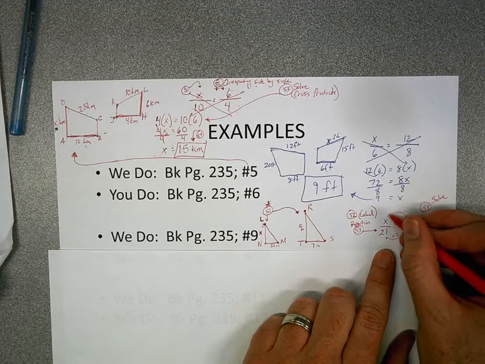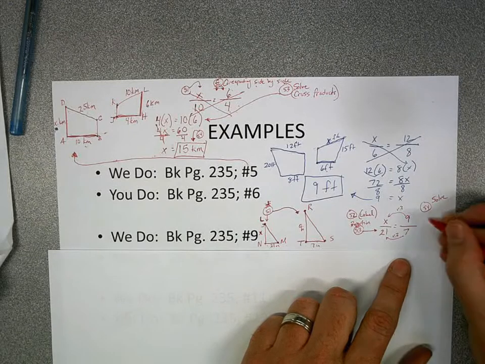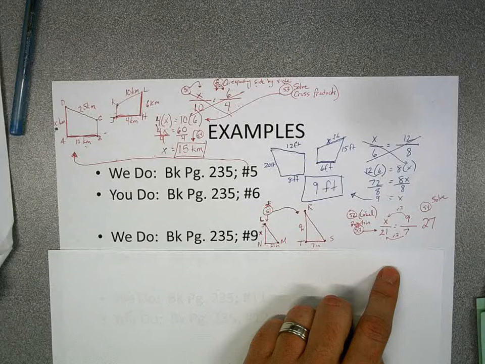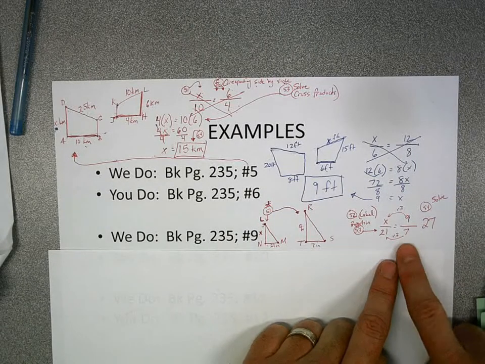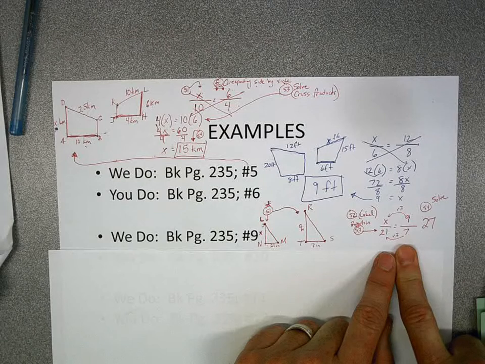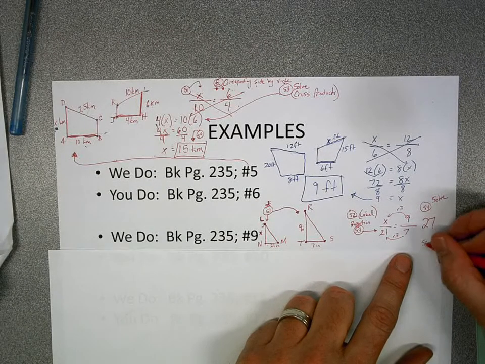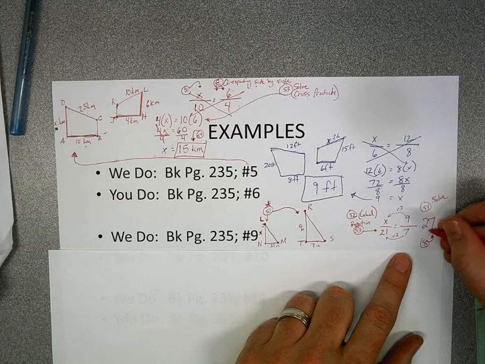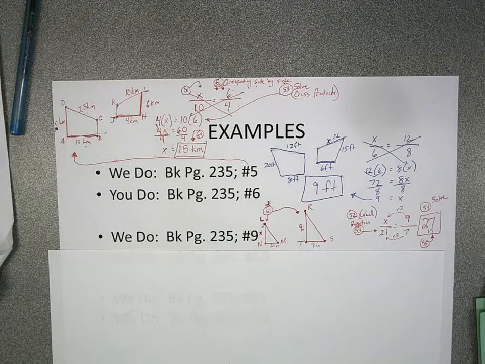What's 9 times 3? 27. If you come across a problem that is easy like this, make sure you use it. Okay, now of course step 5 is put your units, and it's in inches. 27 inches.